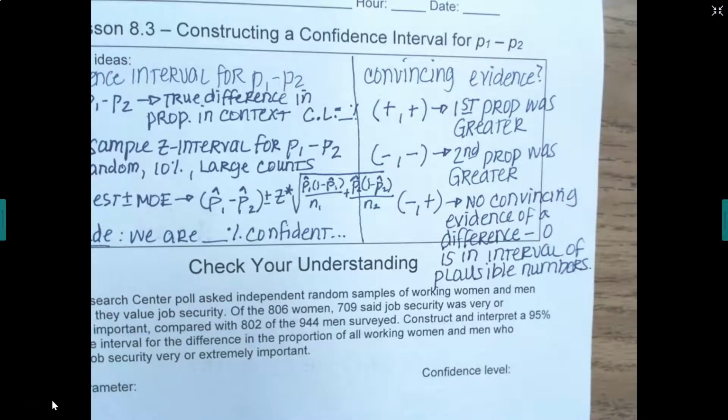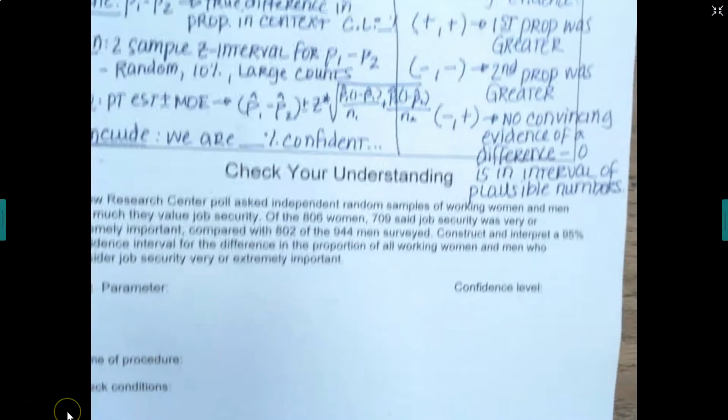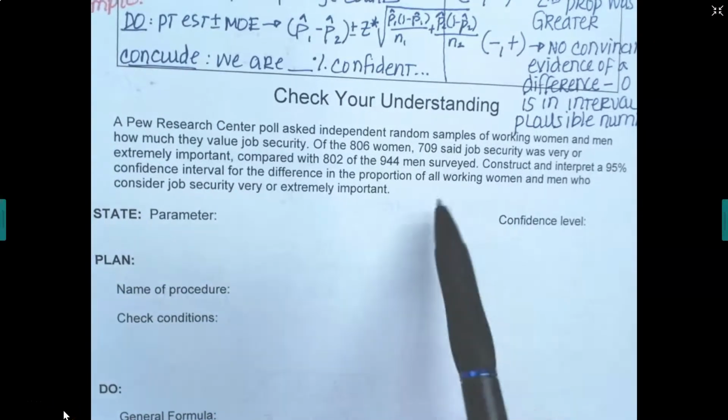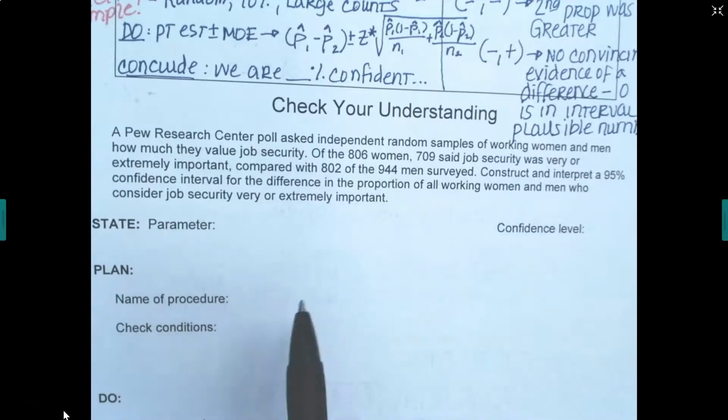I'm going to help you get started on your check your understanding. Try to finish this all on your own and go see how you did. Check the key for your answers. So in our scenario, we want to construct and interpret a 95% confidence interval for the difference in the proportion of all working women and men who consider the jobs very or extremely important.